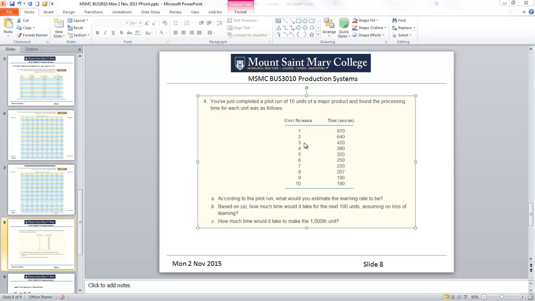Going from 3 units to the 6th unit is a factor of 2, as well as going from the 5th unit to the 10th unit. In total, we could actually make 5 calculations with just these 10 numbers to get some understanding of what we're looking at as a learning rate. So we're going to flip over to Excel here, where I punched some of these numbers in.